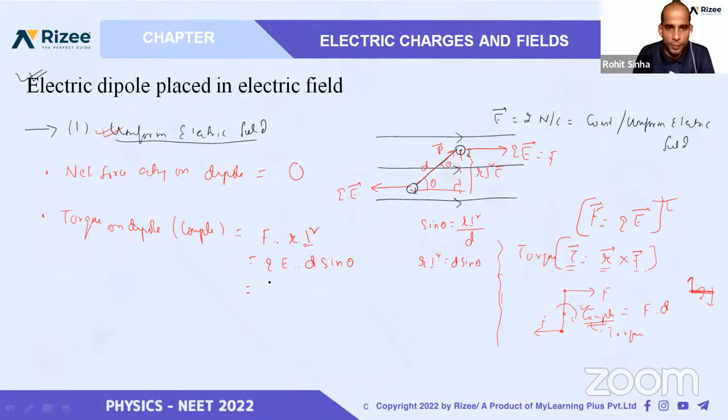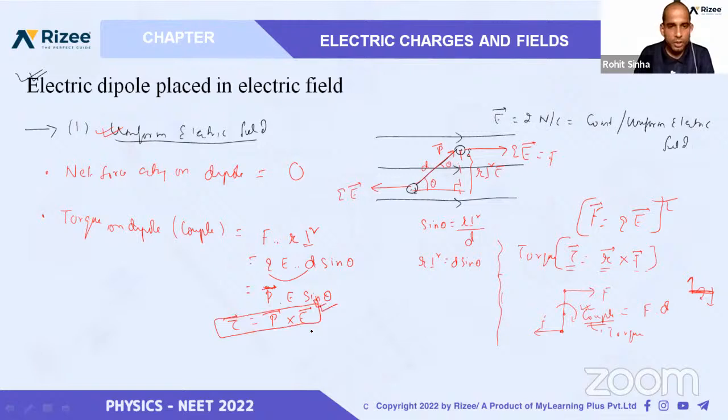So from here we know qD can be written as P, the dipole moment, into E sin theta, and we know AB sin theta is P cross E. So what we got? We got the torque on a dipole is P cross E.